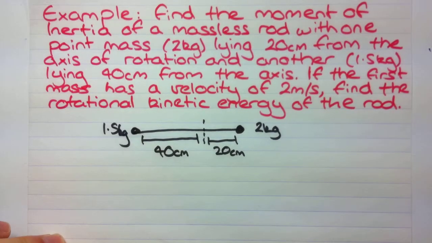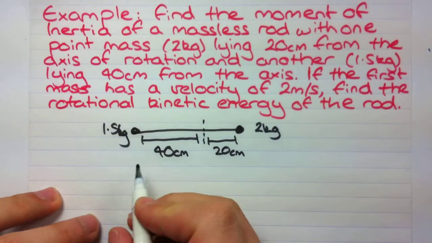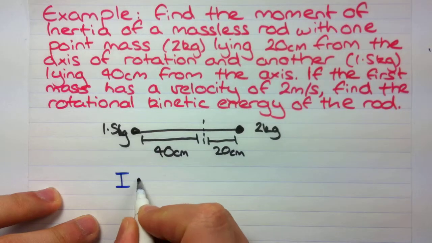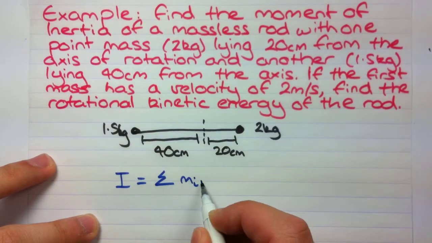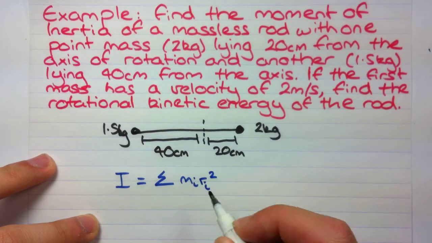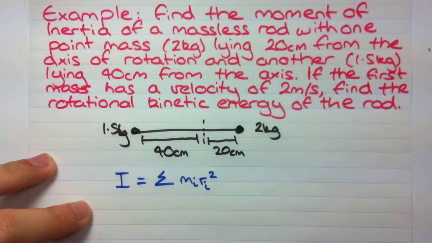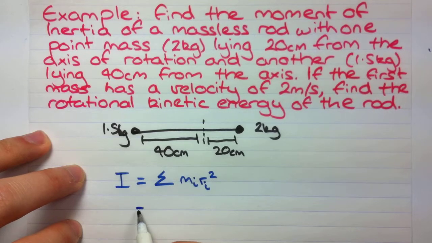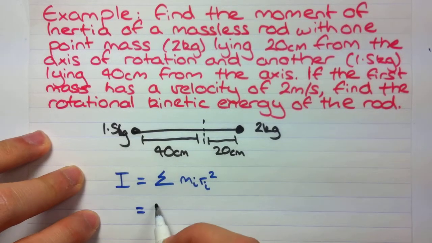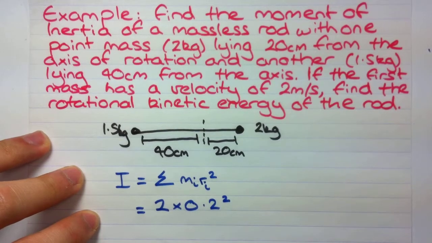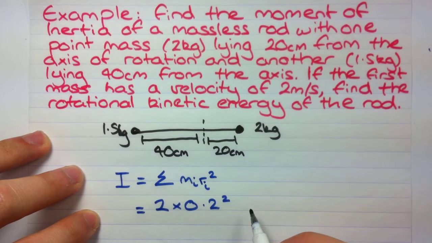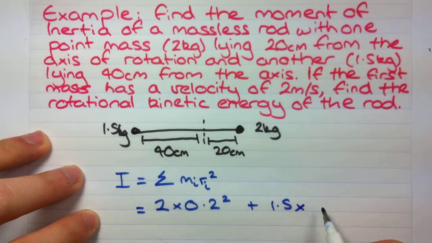Now we can just write down the formula from our formula sheet, which says the moment of inertia equals the sum of all the point masses times their distance from the axis of rotation squared. So we've got one that is 2 kilograms and 20 centimeters from the axis of rotation, and the other which is 1.5 and 40 centimeters from the axis.